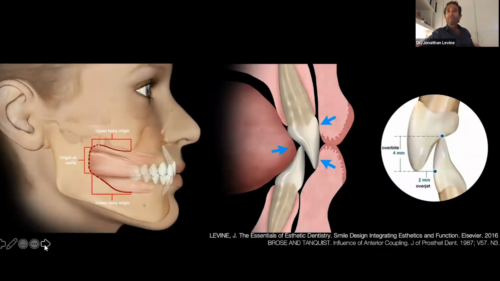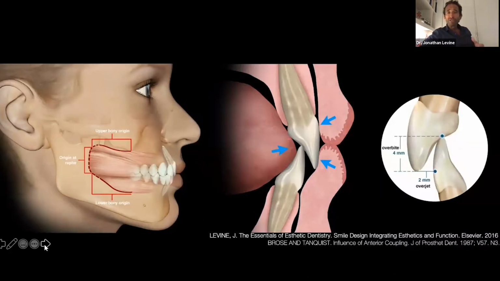We'll talk about this 4 millimeters of overbite, 2 millimeters of overjet, the biological model, because when you have worn teeth, we have to get back to some type of anchor that we can hold on to as we think of visualizing these cases, whether it's a diagnostic wax-up from wax, or whether it's off of a digital wax-up from your virtual articulator.